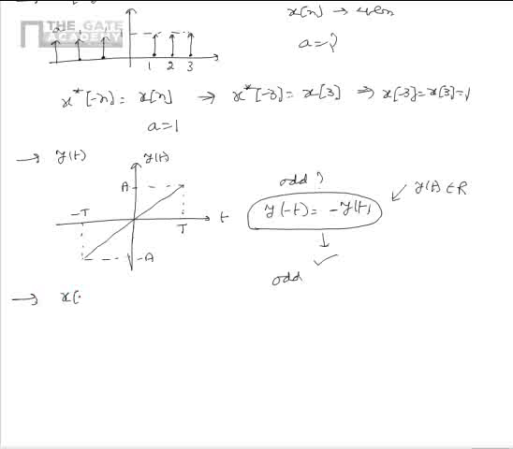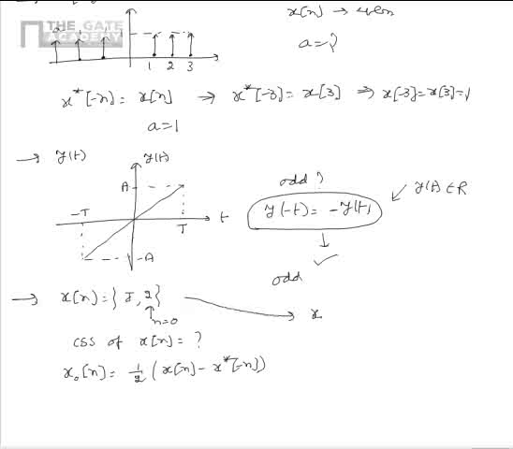Now consider another sequence x of n is equal to j comma 2, where the value of 2 corresponds to the instant n is equal to 0. We need to find the conjugate skew symmetric part of x of n. We know that the conjugate skew symmetric part xo of n is given as half multiplied by x of n minus x star of minus n.